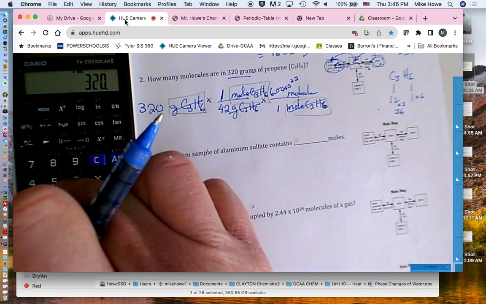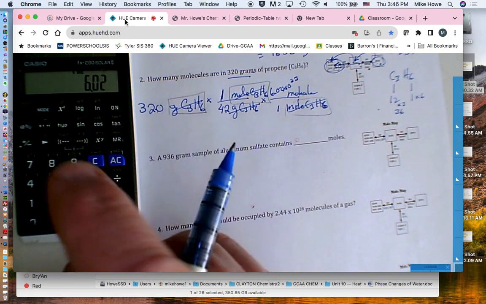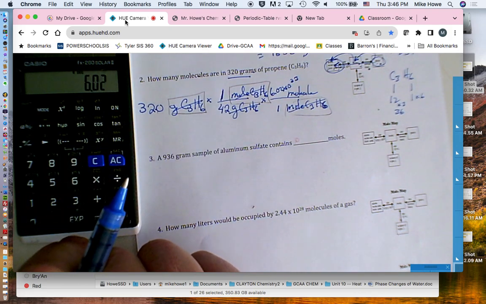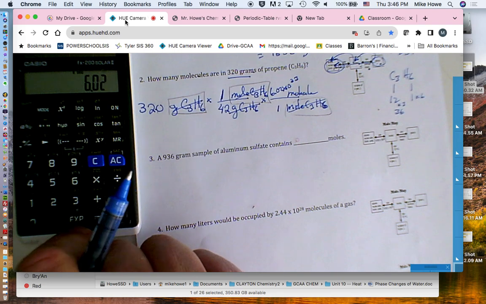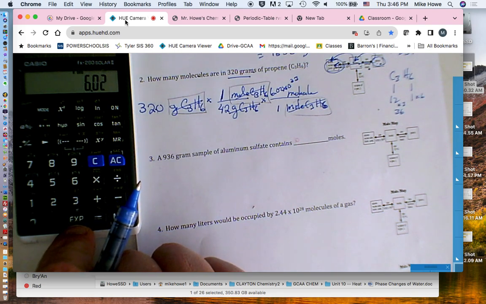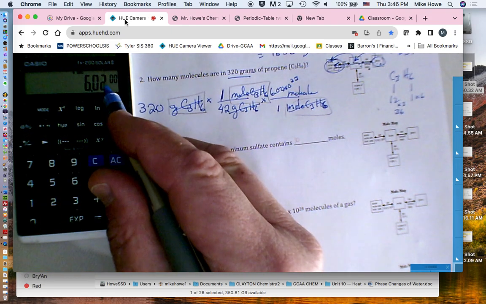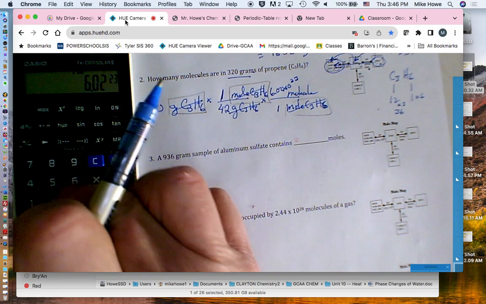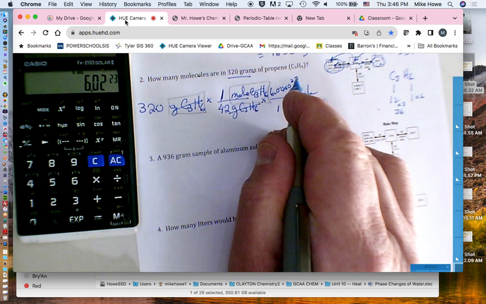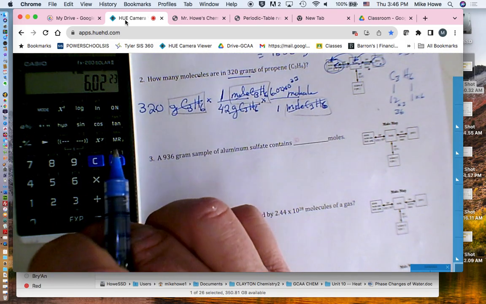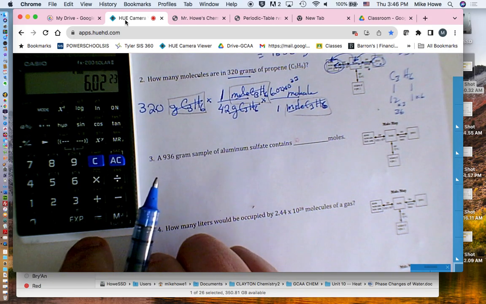So times 6.02. Now we do not use the times 10. We use the EXP button on this calculator, but you use the EE key if you're using your iPhone. So EXP, see how it pops two little numbers up there, 23. So that's these two, 23 gets typed in after you hit the EXP. Again, do not hit times 10.